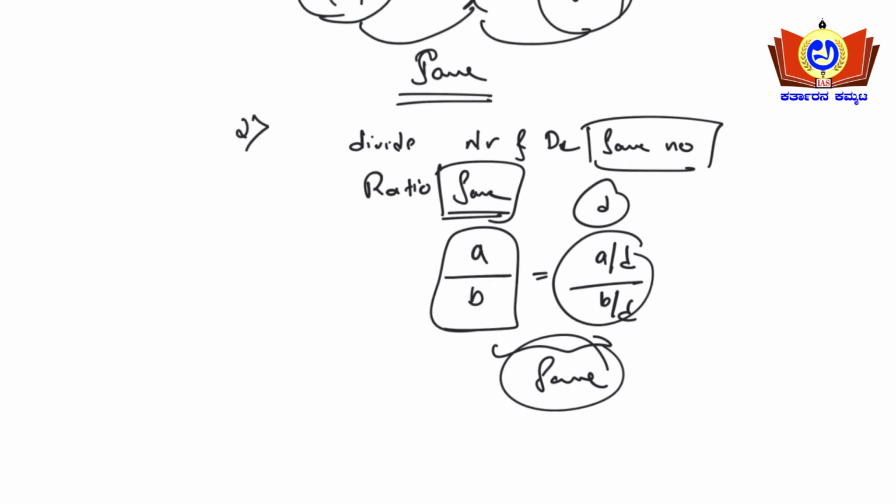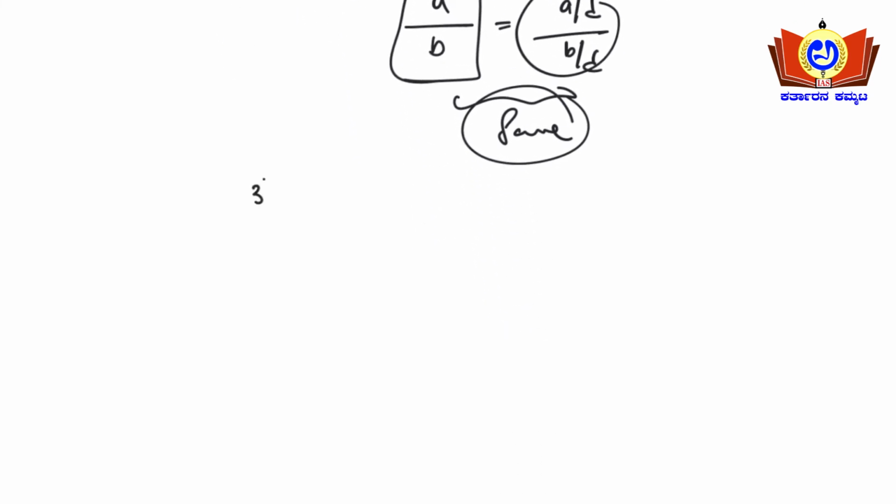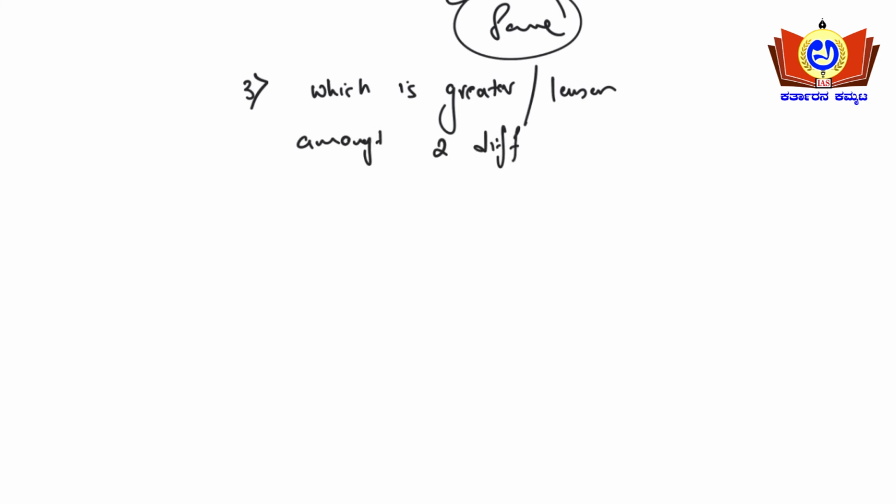Moving on to the third property. In a few questions, two ratios are given, and the question asks you to find which is greater or lesser amongst the two different ratios.